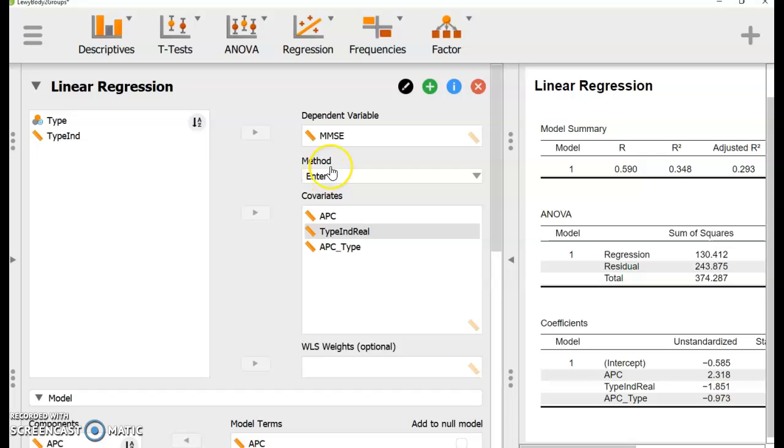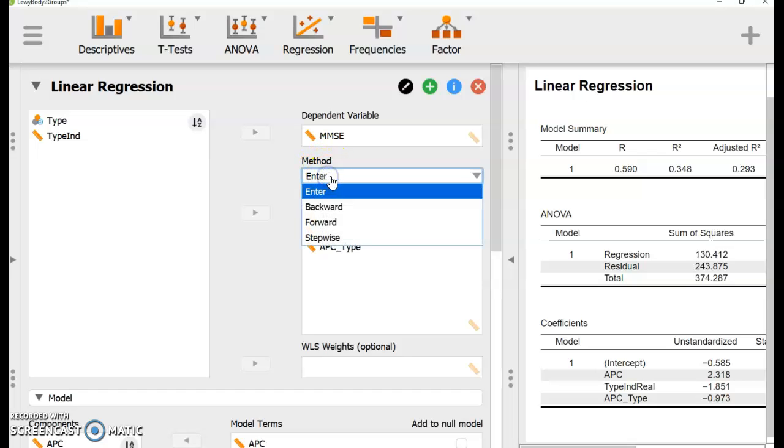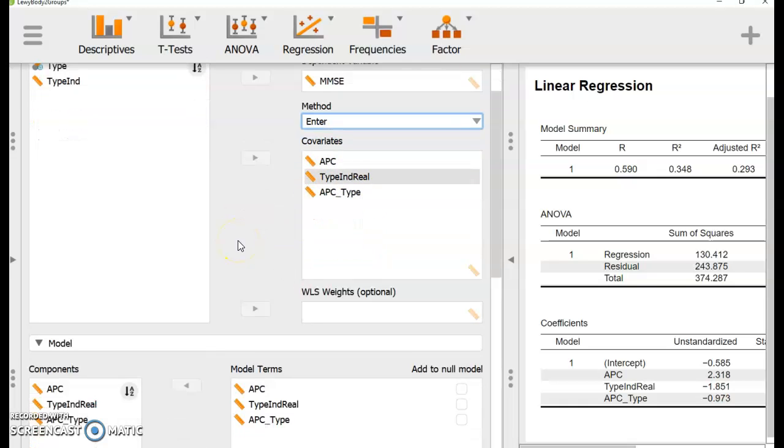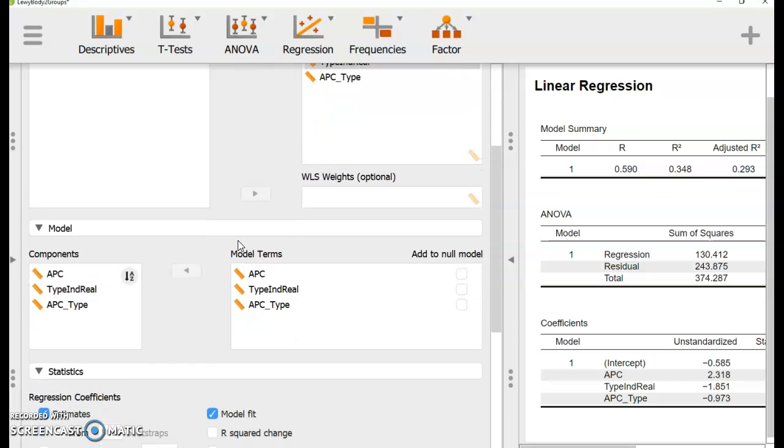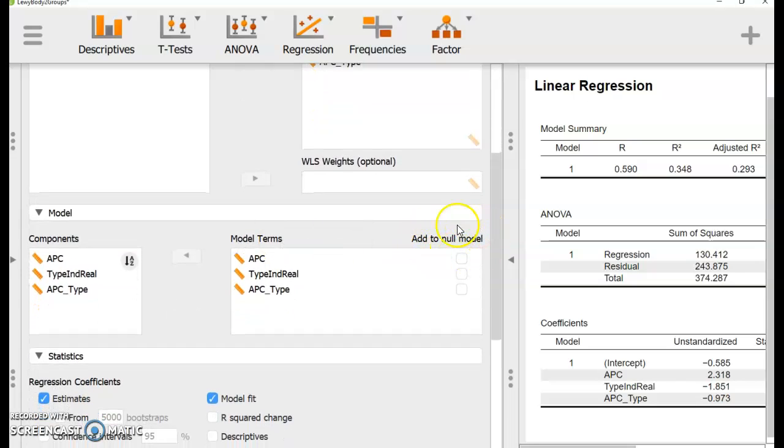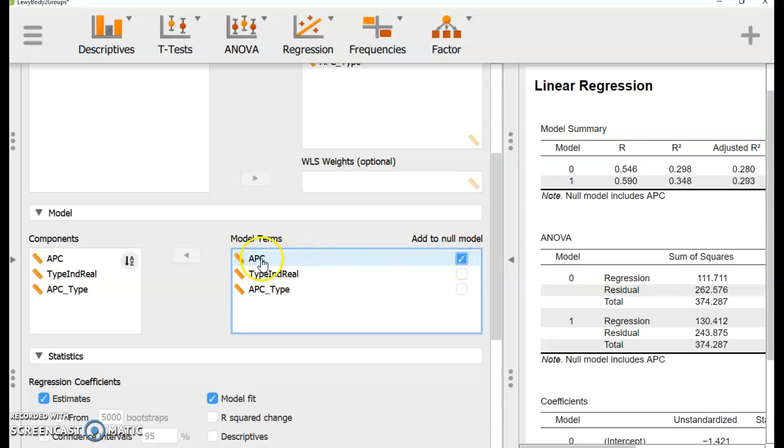So we go here, make sure your method is set to enter and that you have the full model here, so all three. Then if you scroll down, we have this option of creating a null model. This would be what the full model is getting compared to. So we want to compare the full model to the model that just has the annual percent change in gray matter.